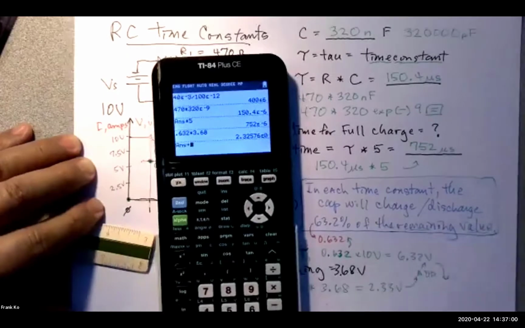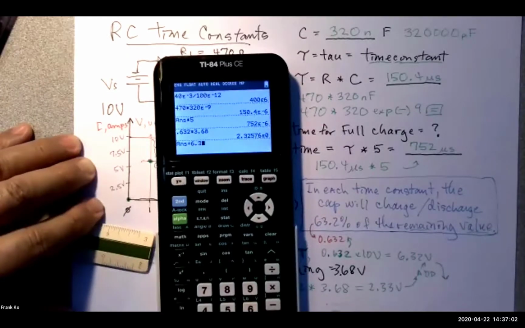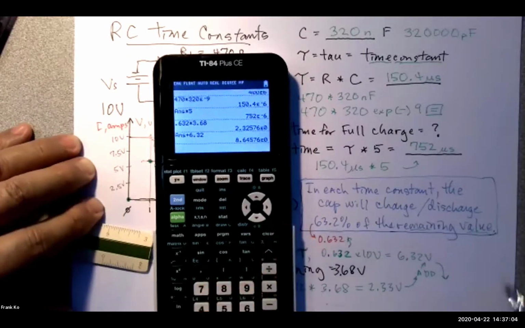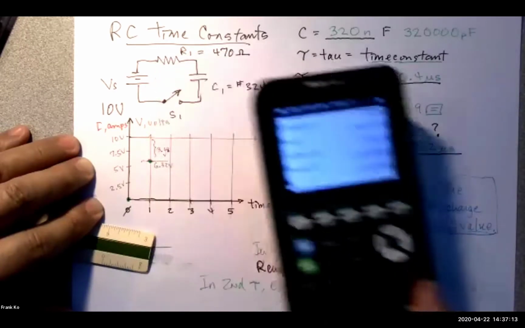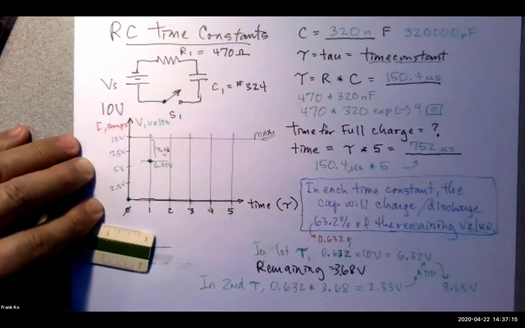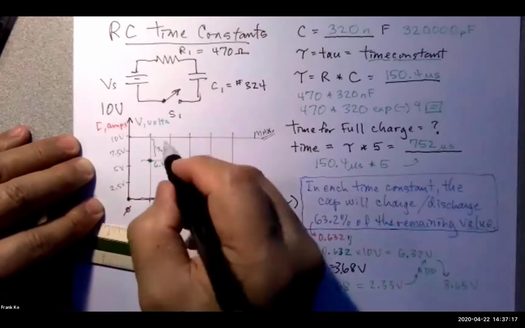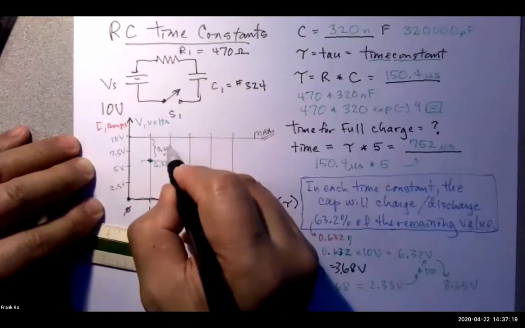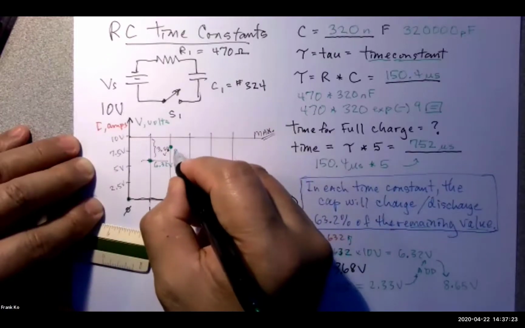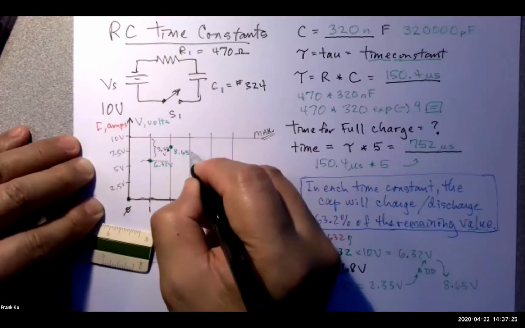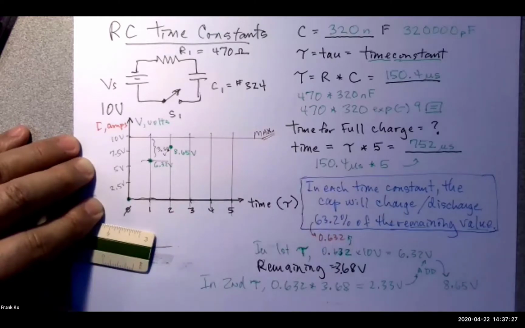So we add this to 6.32, and the new value works out to be 8.65 volts. So our new point will be here above the 7.5, and we will put 8.65 volts here.